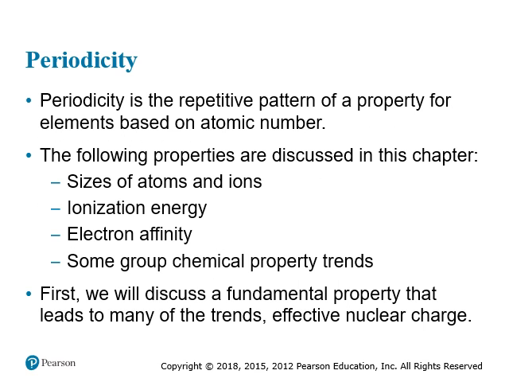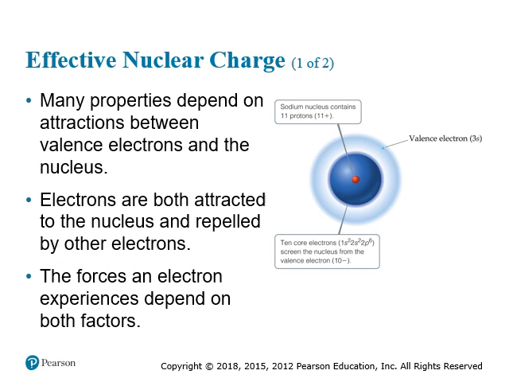So in this chapter, some of the properties that we are going to speak to with regards to their periodicity are the size of atoms, the ionization energy, a property known as electron affinity, as well as a few other properties worth mentioning. Now, in order to have this discussion, we're going to first begin with a discussion of effective nuclear charge.